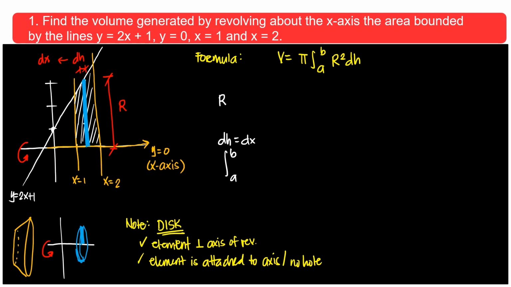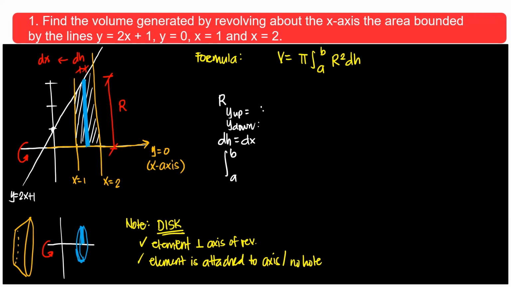Now look at your radius. Is your radius a vertical radius or a horizontal radius, guys? It's vertical. So if it's vertical, it's up minus down. I'll write y up minus y down. What's the upper portion of y?